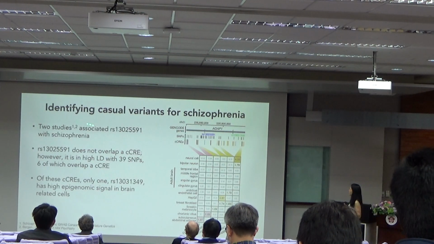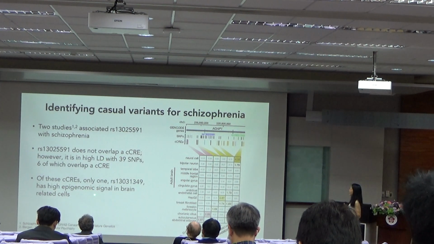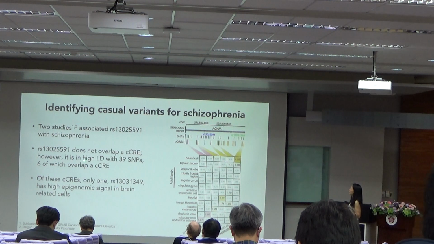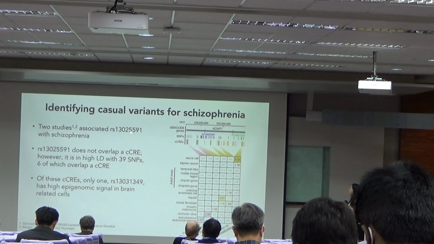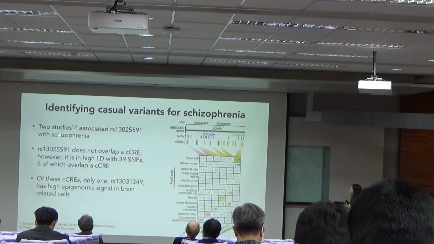Here is an example that we wrote up in the Nature paper about how we can use CCREs to annotate individual SNPs, single nucleotide polymorphisms. Here is an example of a SNP that's associated with schizophrenia.